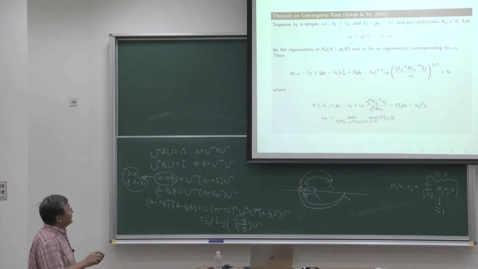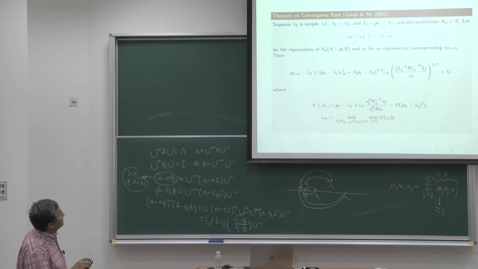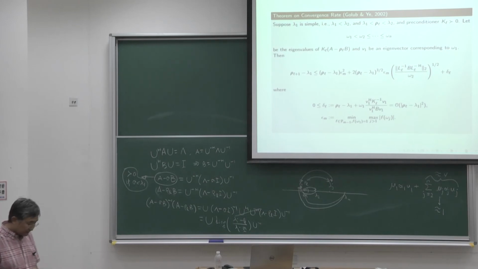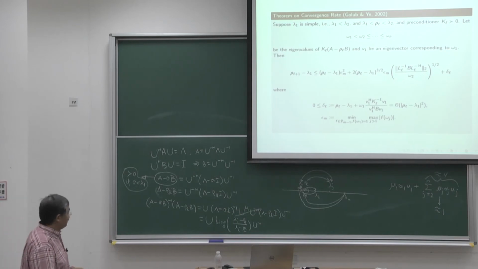By that we mean making epsilon m smaller. Then you have to change this a little bit, but that's fine. Those are the higher order terms. There's a difference here: before there was no KL, now there's the inverse. But the key part is the first term, where epsilon m is defined using the eigenvalues of the preconditioned matrices. Fast convergence.